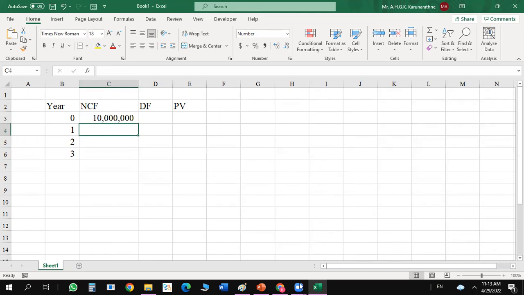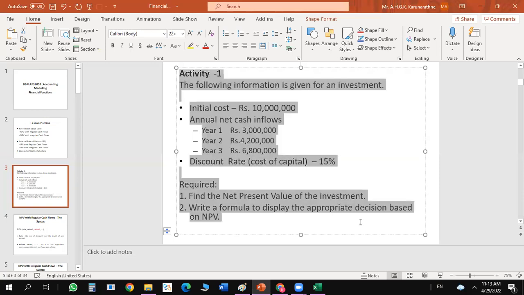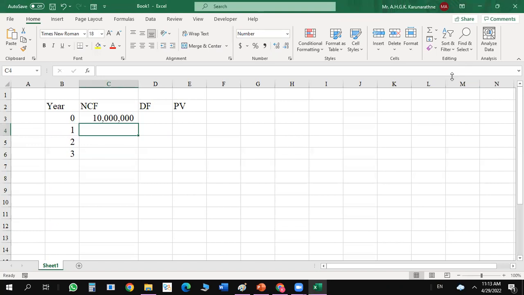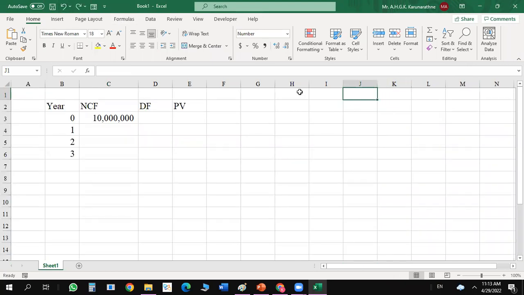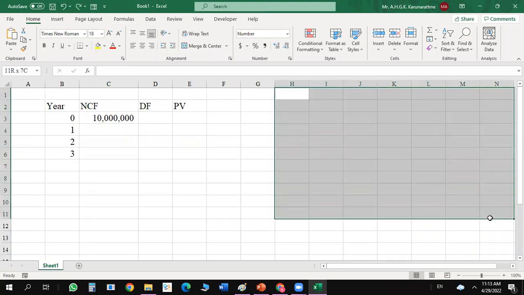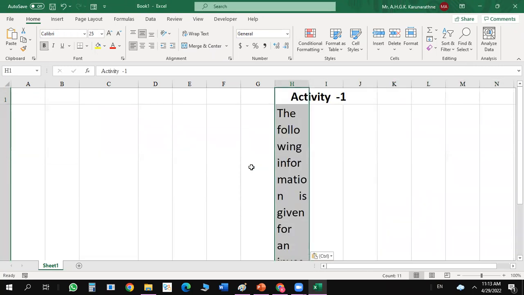and we take these figures to our problem.